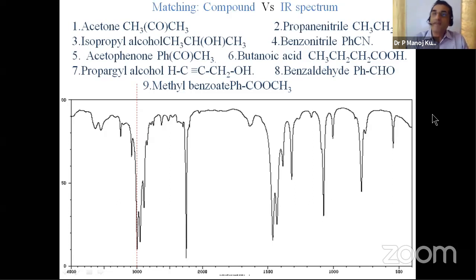The compound should have reasonable purity. If all these conditions are maintained and a spectrum can be taken, you can tell the type of functional group present in the compound. But you have to go on analyzing spectra and spectra. If you go through thousands of spectra, it definitely gives a lot of information. To support the other spectroscopic techniques, it's a very versatile tool.